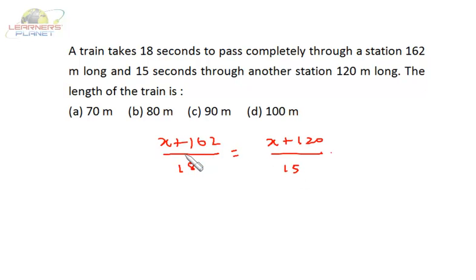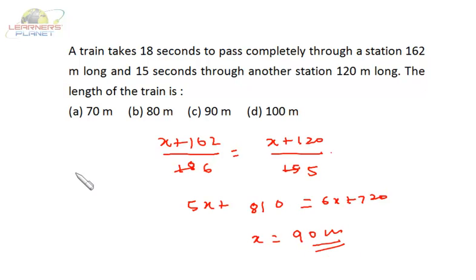So this is also the speed of the train. So we are just going to equate them. So x is equal to 810 minus 720, that is 90 meters. Okay, very simple question.